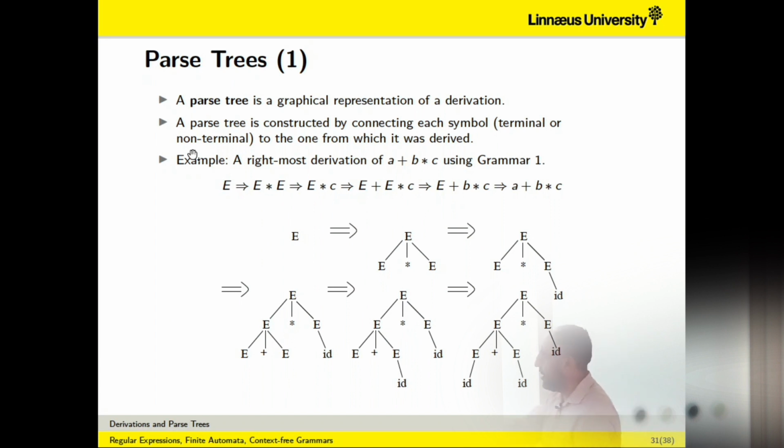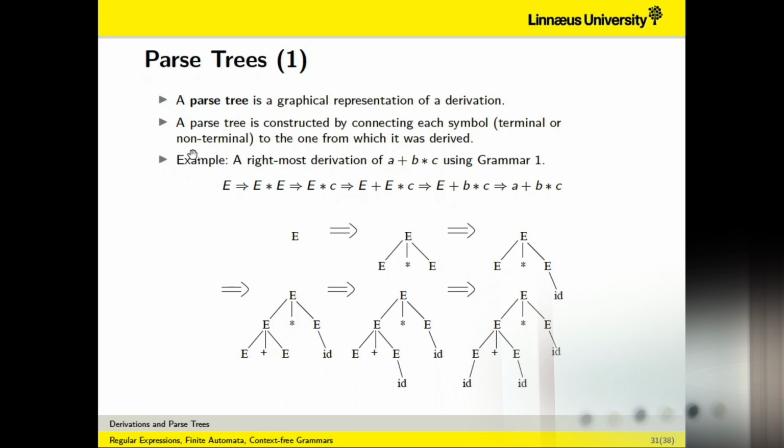This derivation can also be represented in a tree form, and the tree that we get from this derivation we call a parsing tree. That is often used by the compiler to check whether the strings that you have are valid strings or not.